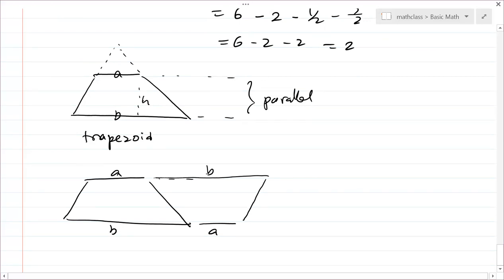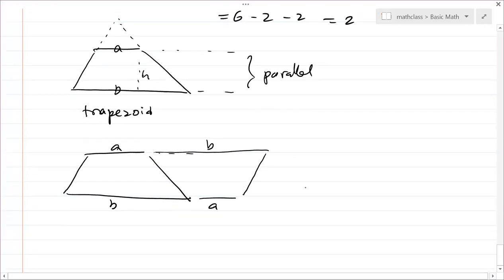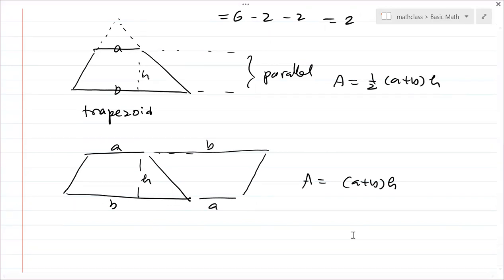You get a parallelogram. So the area of this parallelogram, if you know the height, is going to be A plus B times H, the base length times height. So the area of the trapezoid will be half of that. It is very similar to the area formula for the triangle.